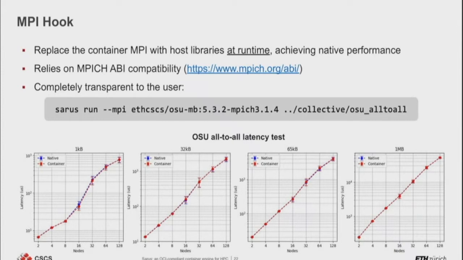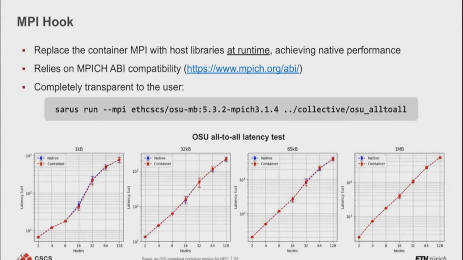Why is this important? Because the host MPI is usually optimized for the hardware of the interconnect that you have on the HPC system. For example, think about InfiniBand, or for us at CSCS, Cray Aries. All the other container solutions, for example Singularity, do not allow you to do this.